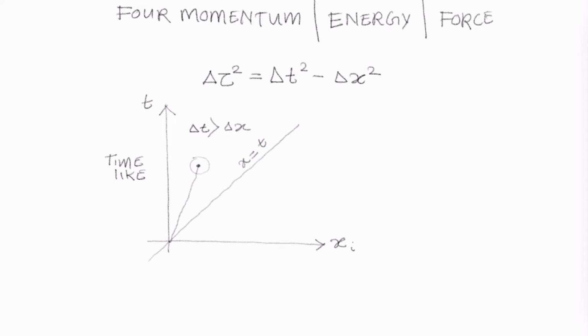Then we discussed space-like trajectories. Trajectories where delta t is smaller than delta x. These are trajectories of simultaneity. What we consciously identify as present moments or now moments.